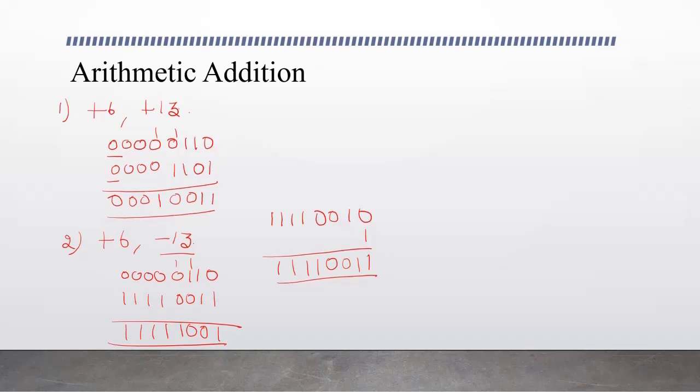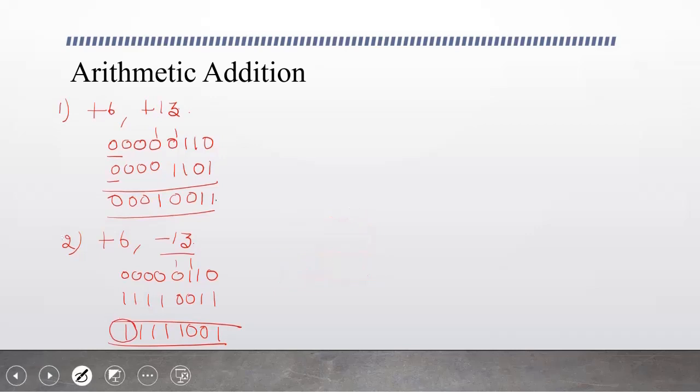This is the result of plus 6 minus 13. And here the sign bit says it is a negative number. That means the number is in 2's complement form. So here this is the binary equivalent of plus 19, and this is the binary equivalent of minus 7.